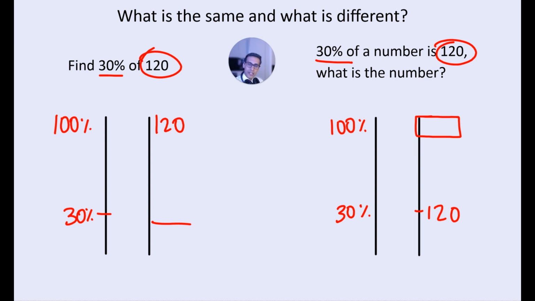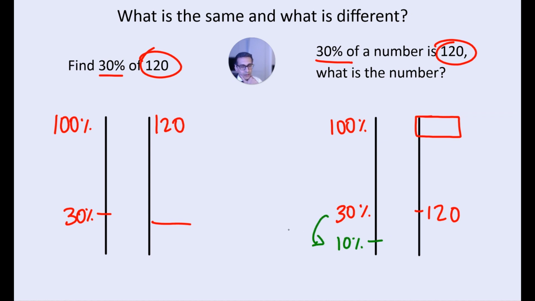So you need to be really careful when you're reading these questions to spot that, because it would be a silly mistake if you misread what the question was asking. So let's have a go at finishing off this calculation, because you have the skills to do that. If we know that 30% is 120, we may work out what 10% is.